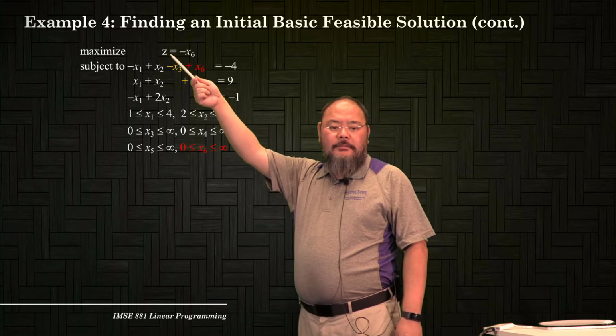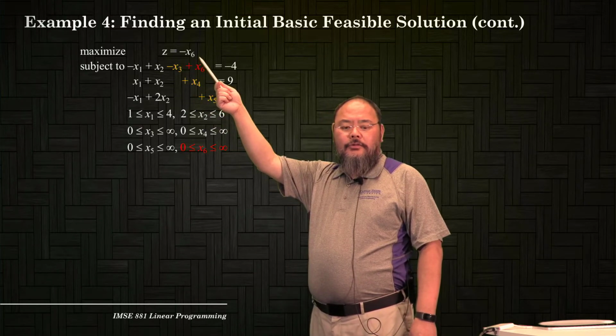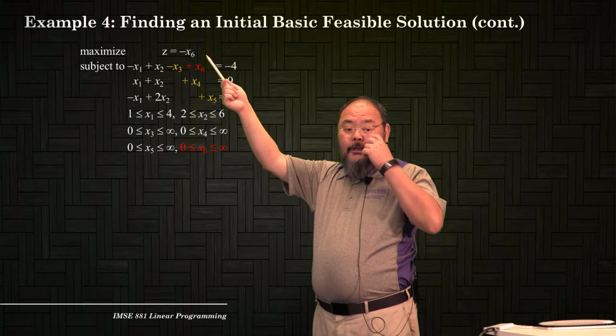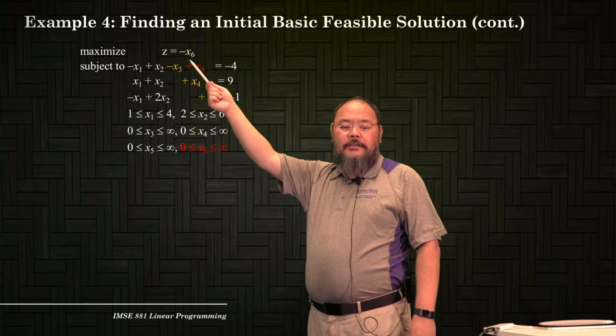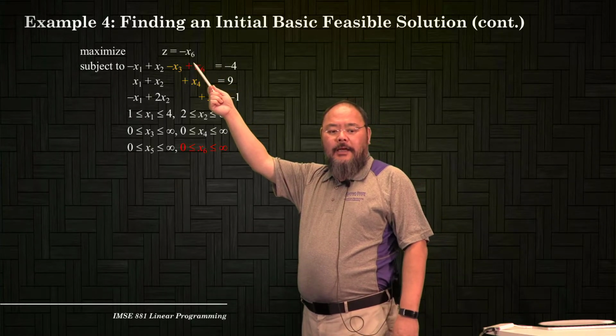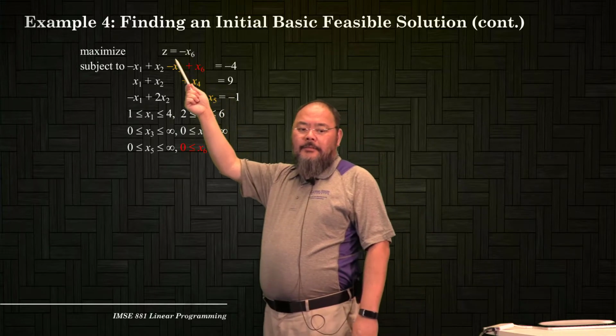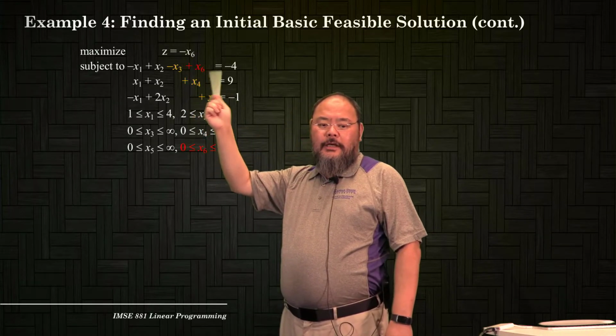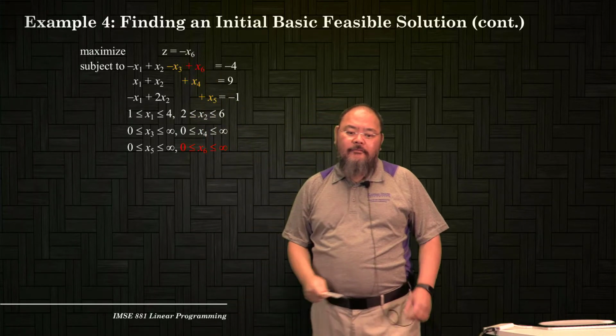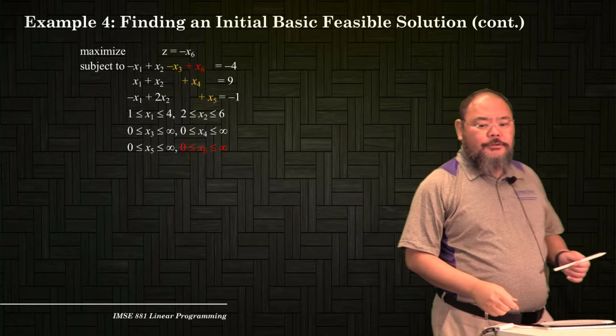Since we're maximizing, we're using the two-phase method to begin with. It uses only negative x6 as my objective function. My main purpose is to get rid of x6, the artificial variable, so I can find my initial feasible solution.